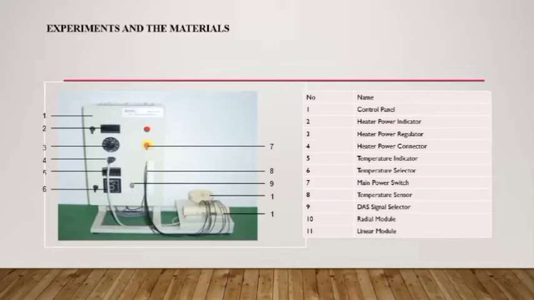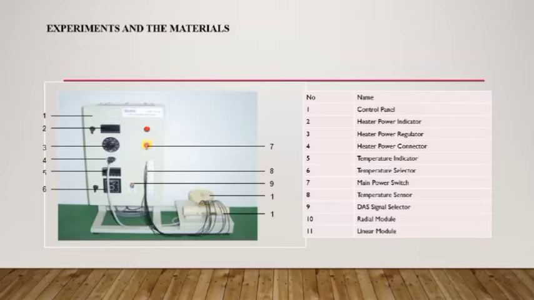There are 11 main experimental components implemented in the machine. The first is the control panel, which is the box of the heat conduction system, and second is the heat power indicator, which is displayed on the control panel box. Third is the heat power regulator, which we can adjust from 0 to 100.